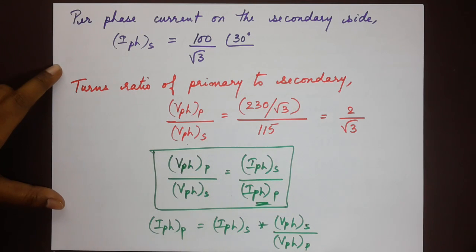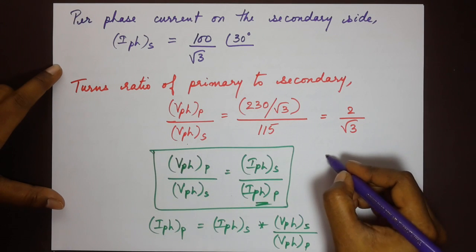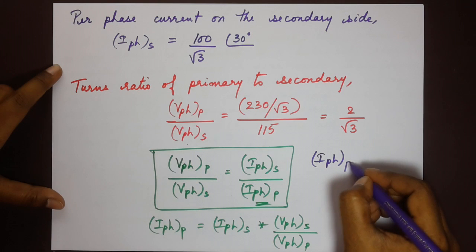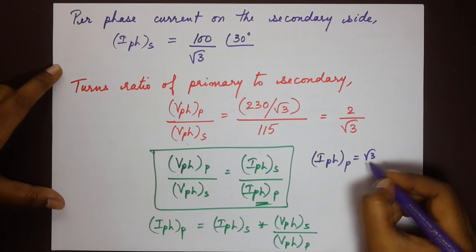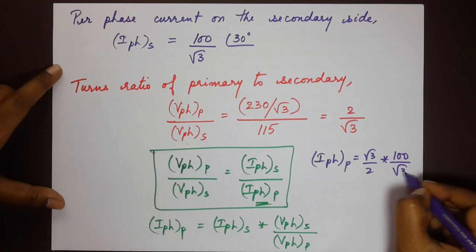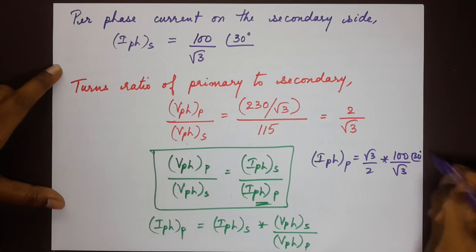Let's substitute the values and see what we get. I'll note it down on the side here. Okay, so I phase primary equals root 3 by 2 into 100 divided by root 3 angle 30.